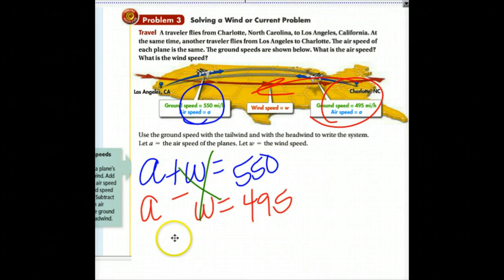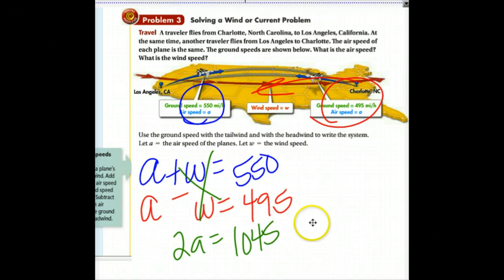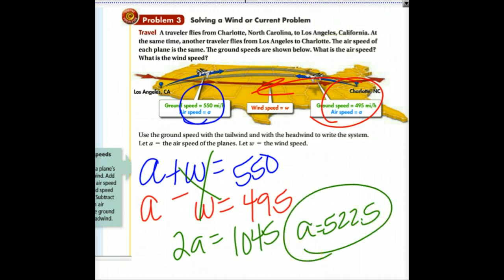I have A plus A is 2A. 550 plus 495 is 1045. Divided by 2, the airspeed equals 522.5. Once we have the airspeed, we just need to solve for the wind speed. I can plug it into either equation, and when I do, looks like the wind speed will equal 27.5, and I got that from plugging A into either of these two equations.